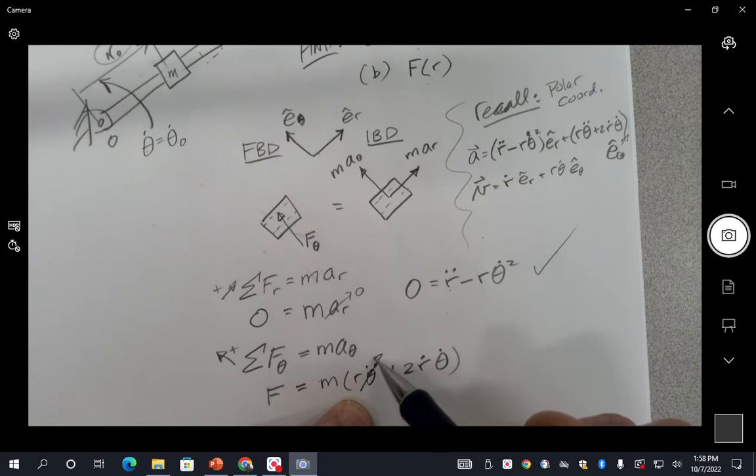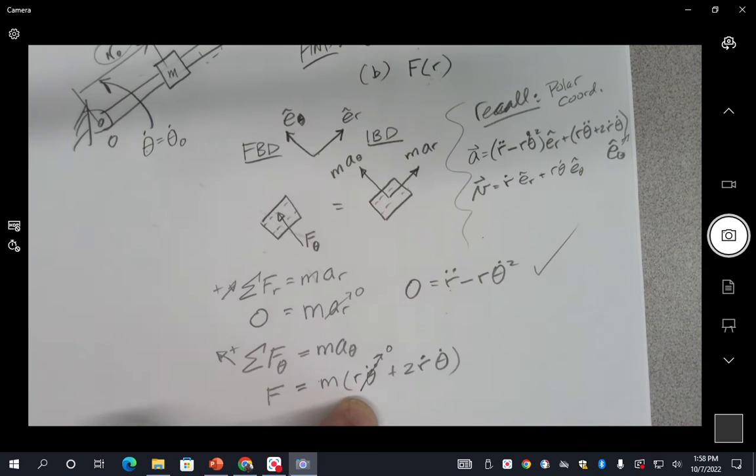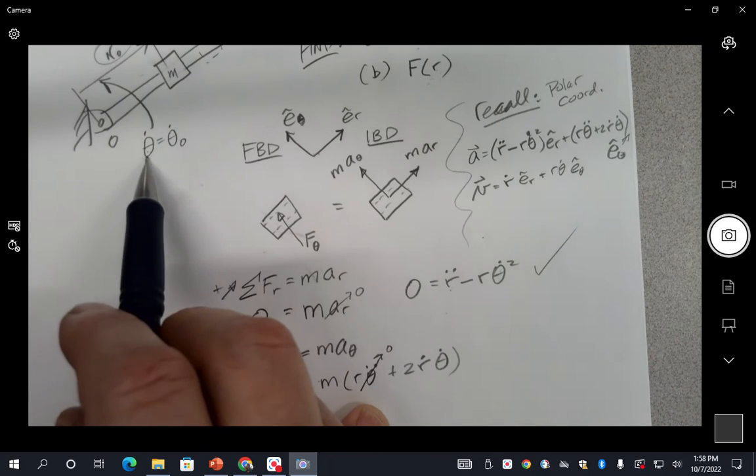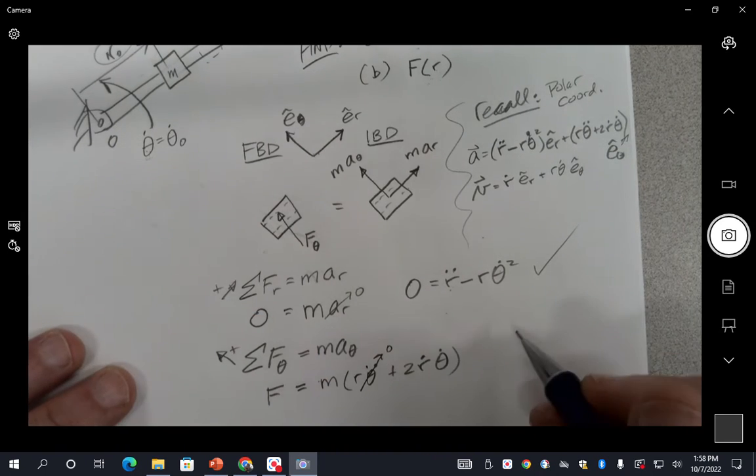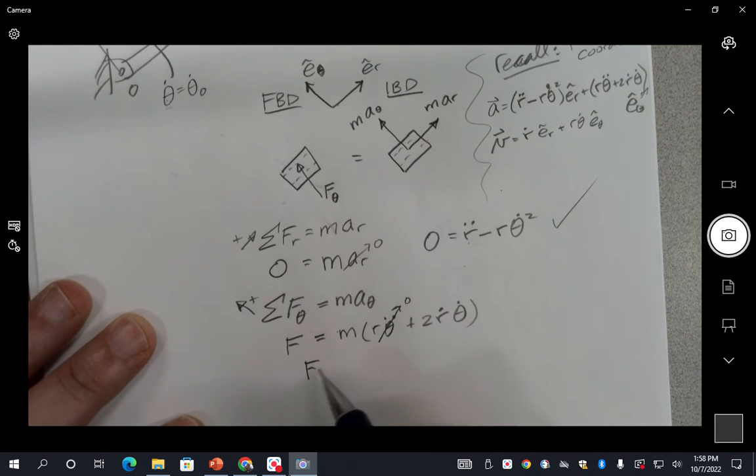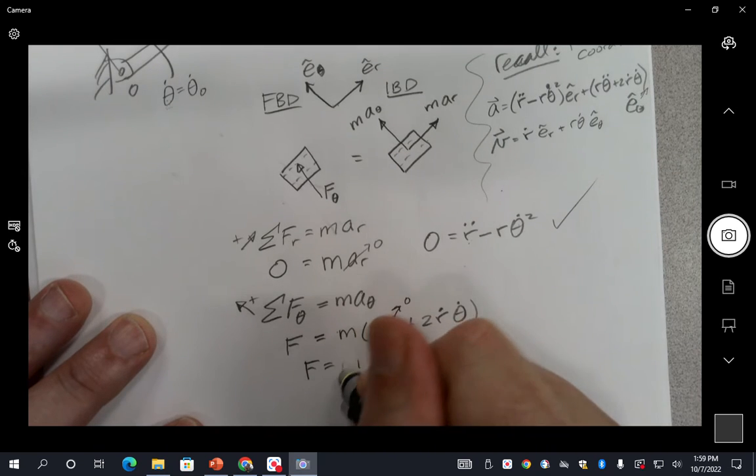We drew it in the positive direction, so we're okay right there. But the theta double dot is going to be equal to 0, right? Because they said that this was going to be constant. Let's put the 2 in front.